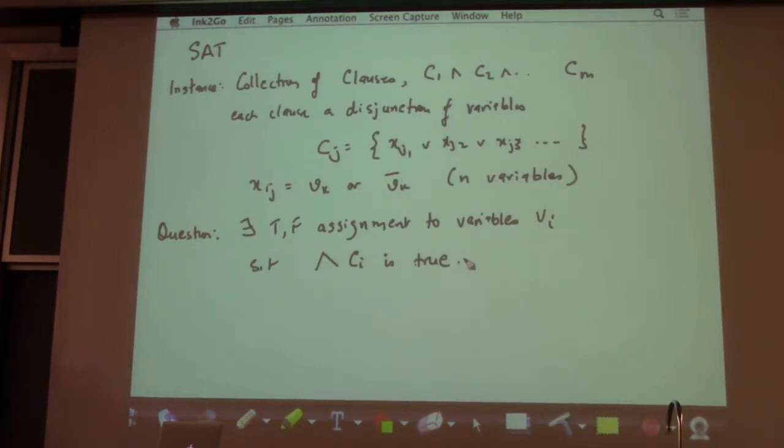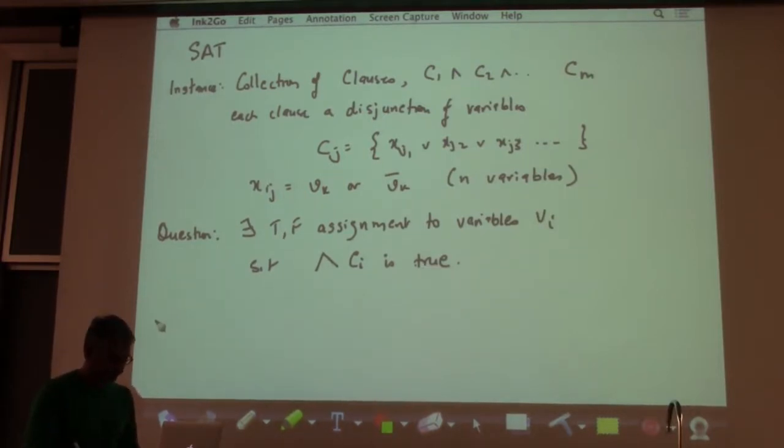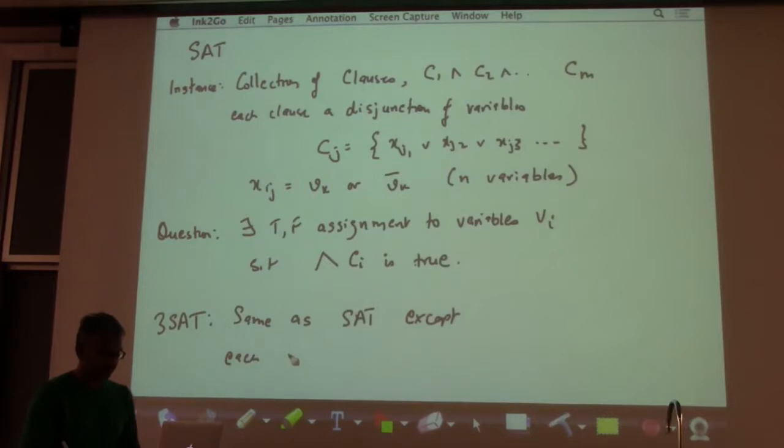But it turns out that for many problems, it's more convenient to work with a simplified version of SAT, which we'll call 3SAT. I'm just going to write 3SAT right here, because it's going to be basically the same as SAT, except each clause has exactly 3.